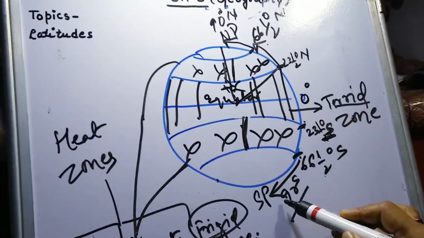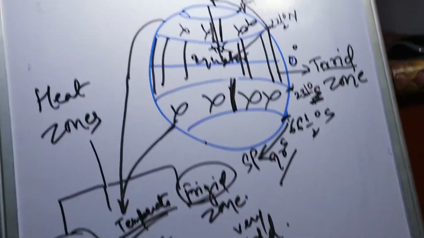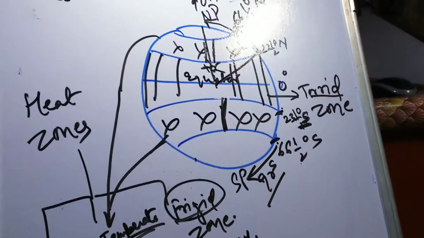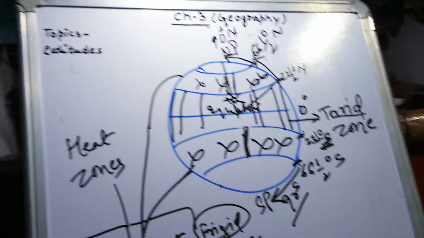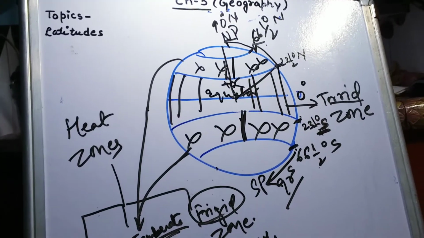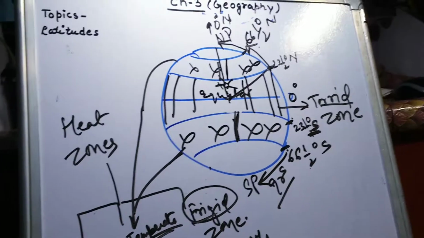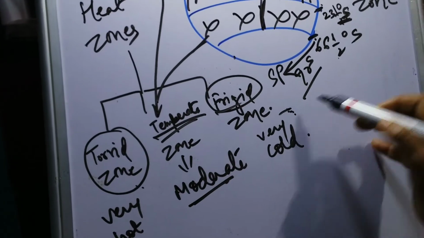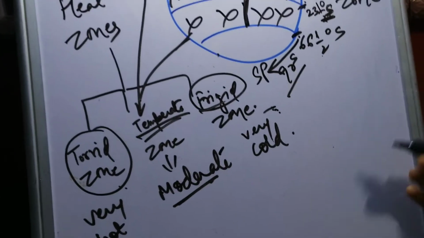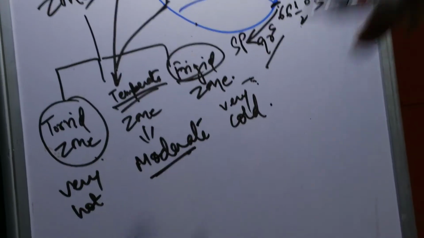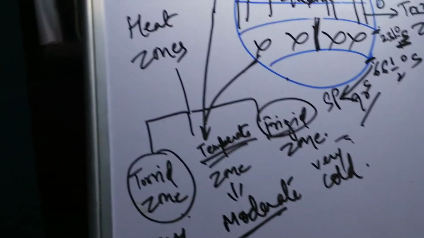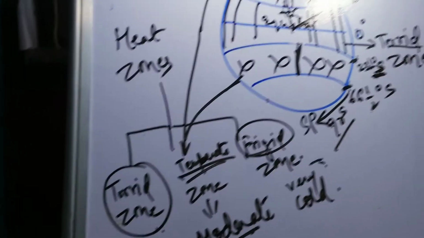This is your frigid zone, and as it is very far away from the equator, the sun rays are always slanting here. Near the equator the sun rays are directly falling, but here the sun rays are slanting. Slanting means the direct sun rays are not falling. It is coming like this. So here the zone is very cold.